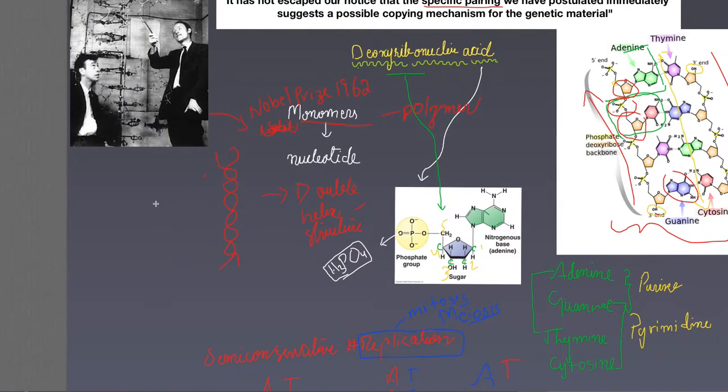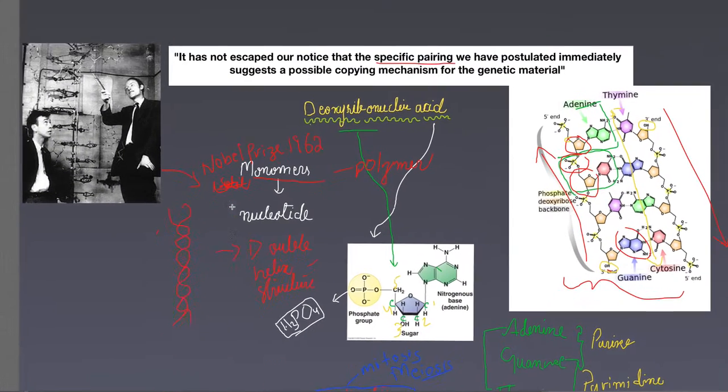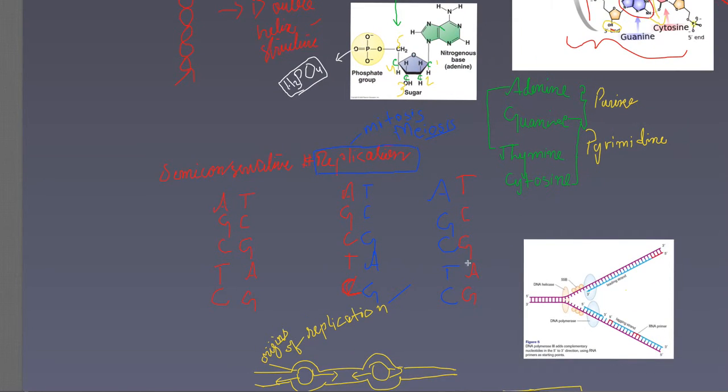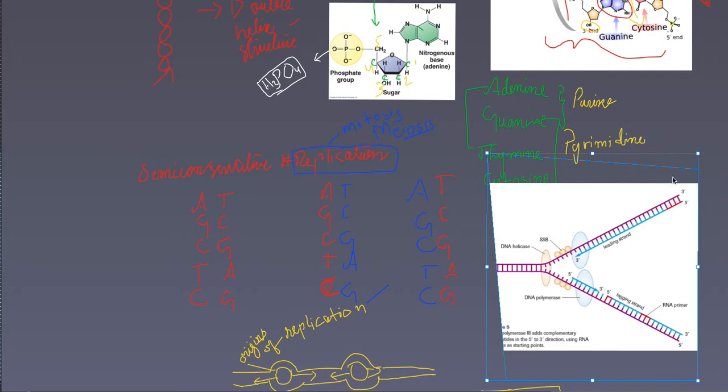And just for representing a model, I had this picture. Here it is. So this is one strand of the DNA, and this is another strand of the DNA, and this is the helicase enzyme which I was talking about.